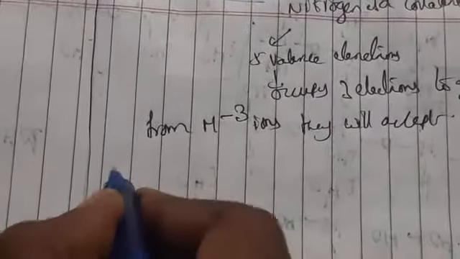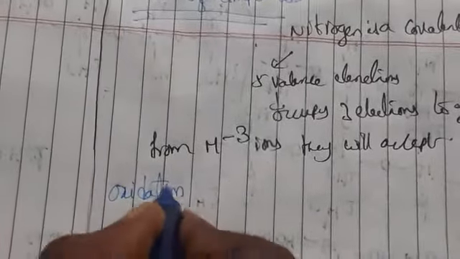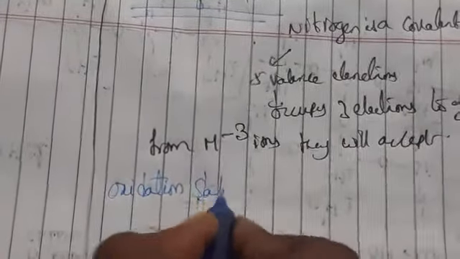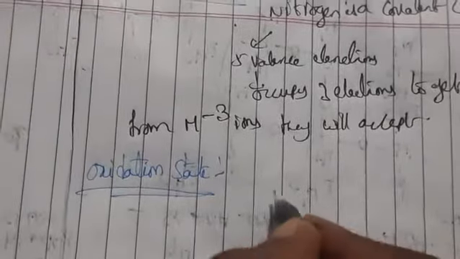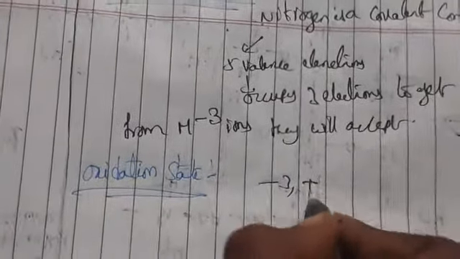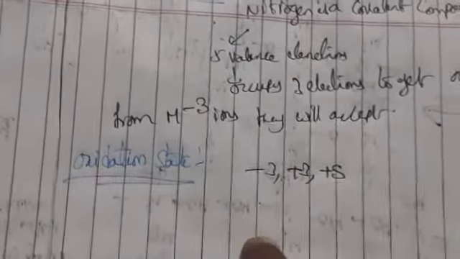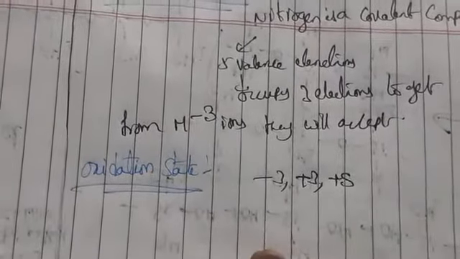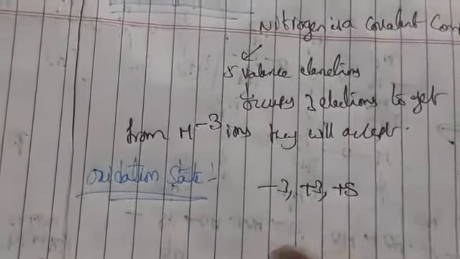Next, oxidation state. According to the electronic configuration, these elements exhibit +5 and +3 oxidation states, and the common oxidation state is -3. Nitrogen and phosphorus exhibit -3, as in NH3 and PH3.